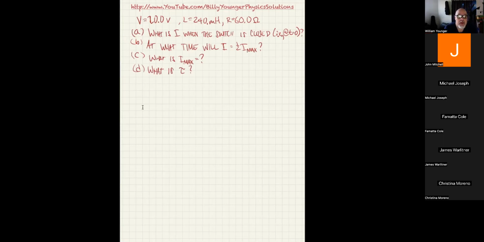And part E, what is the rate of energy being delivered by the battery? In other words, I want to know what the power of the battery is when I is equal to 1/2 I max.